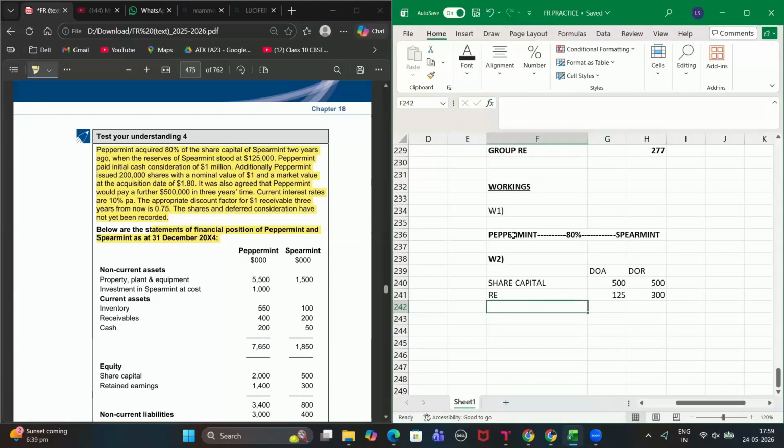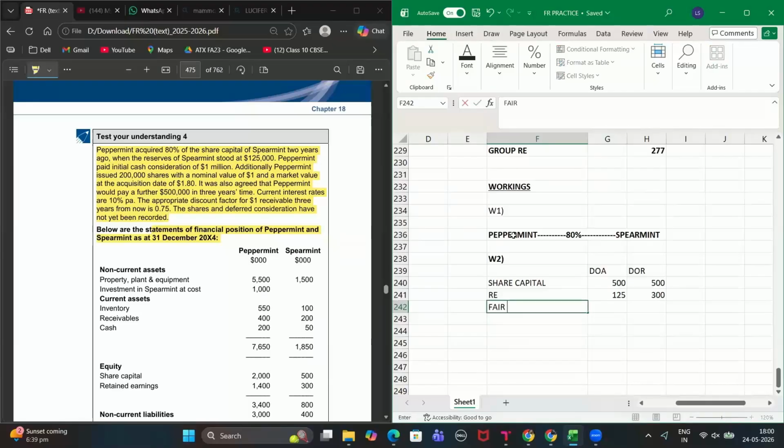So now there are some more additional things that we will consider here. Do you guys remember about fair value adjustment? Revaluation surplus, I told you that day. Yesterday I told you if there is any revaluation, we will show it here. Got it?